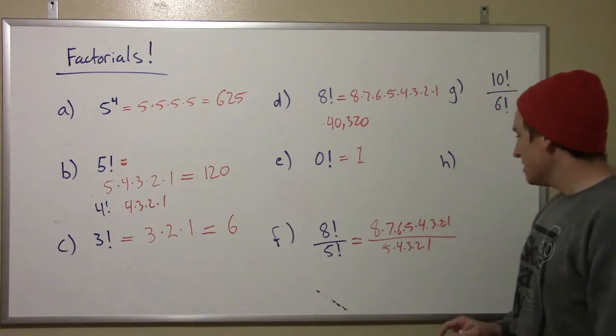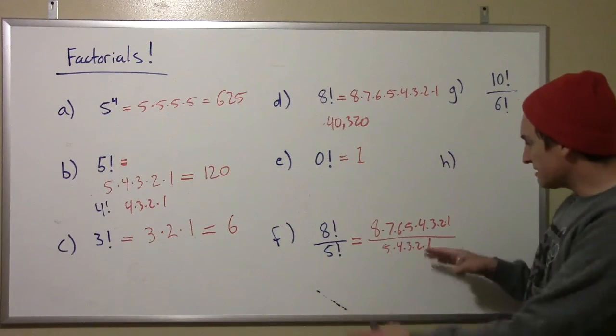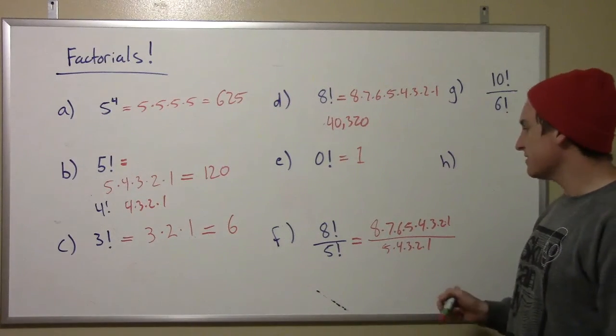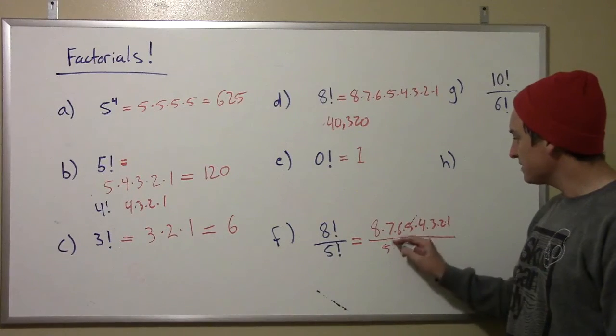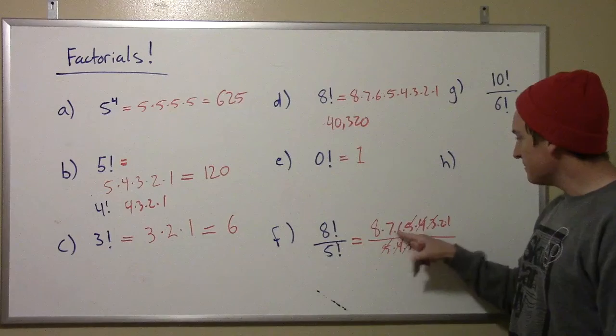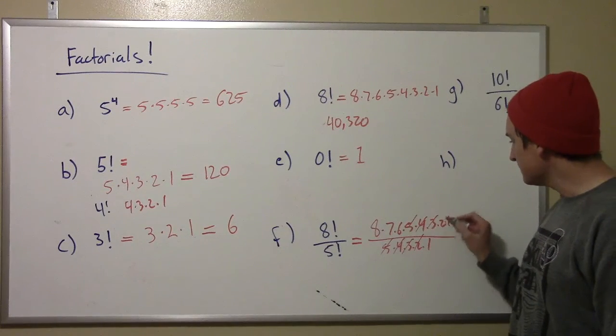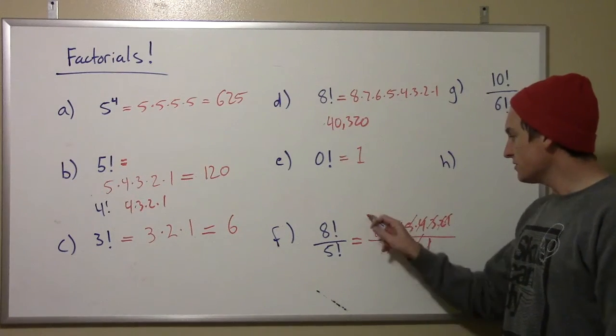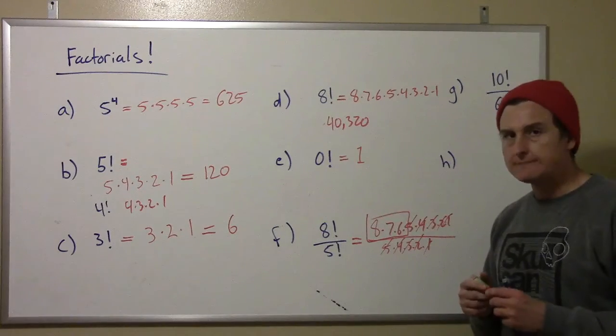Okay? If you have those expanded, you can see that there's a bunch of stuff that's going to cancel, right? This 5 is going to cancel with this 5, and this 4 is going to cancel with this 4. Basically, anything below 6 is going to get canceled. So really what you have here is 8 times 7 times 6.